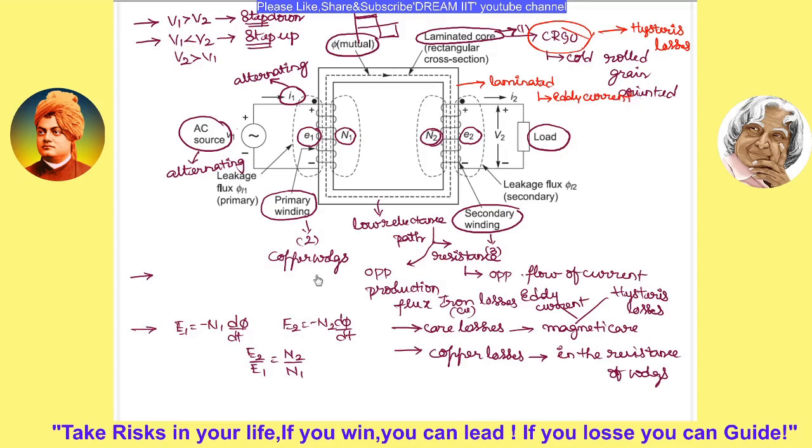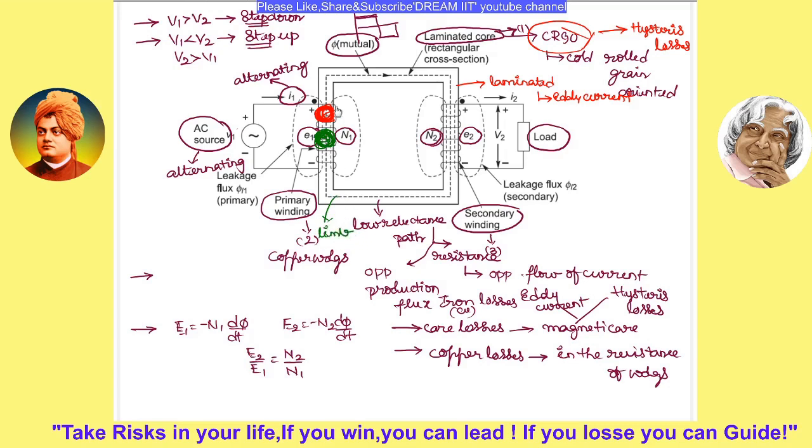And the primary winding is placed on one limb and the secondary winding on another limb. But in practical conditions, they place part of the primary winding and also the secondary winding on the same limb. As I told, this vertical part is called the limb.